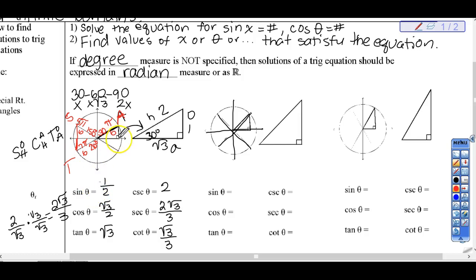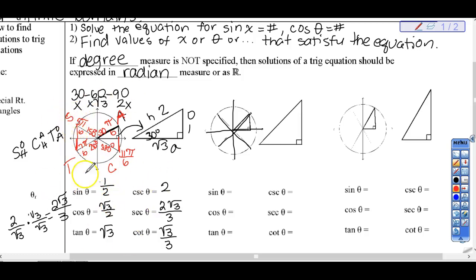And then we'll go over here and do the last special right triangle of the 30-degree angle, which would be at 330 degrees. Check my math. Or 11 pi over 6. So you can see all 4 of those triangles in the quadrants, and this is the quadrant where cosine is positive. Okay? So useful information.